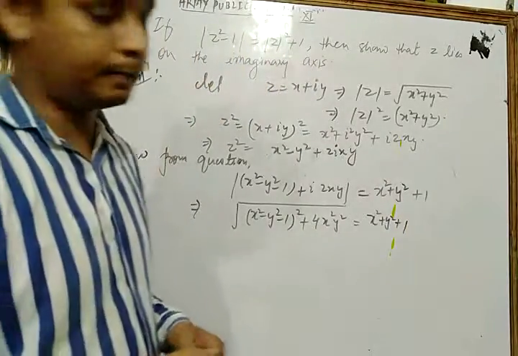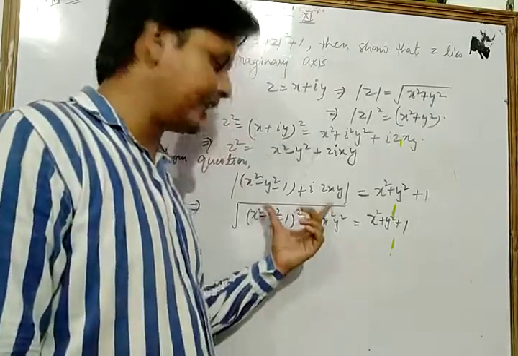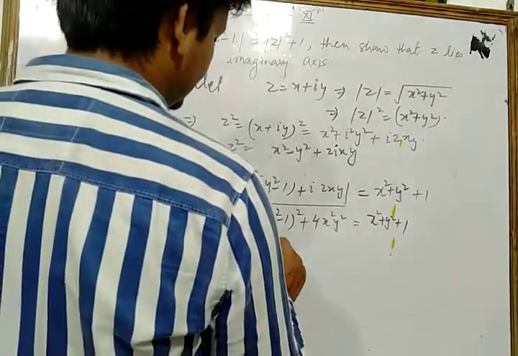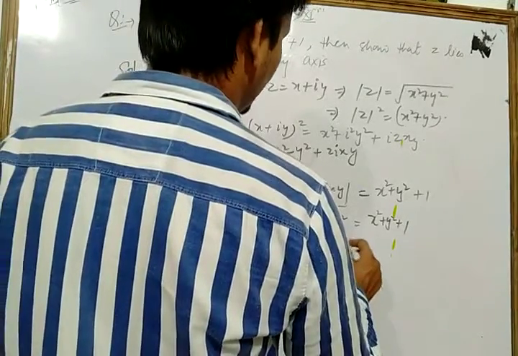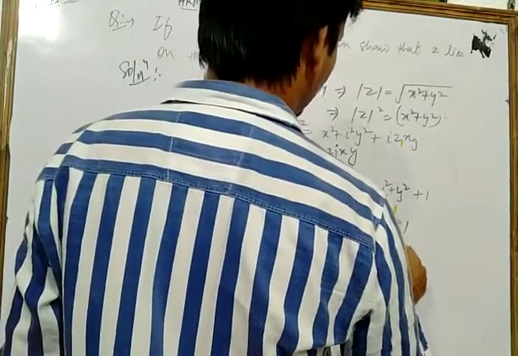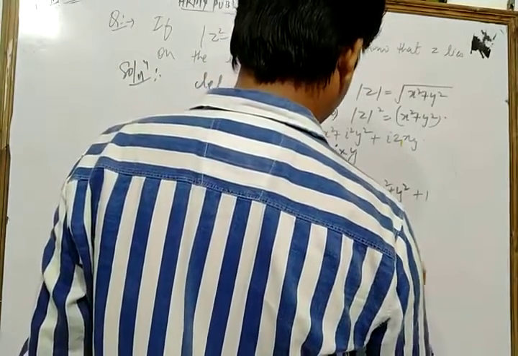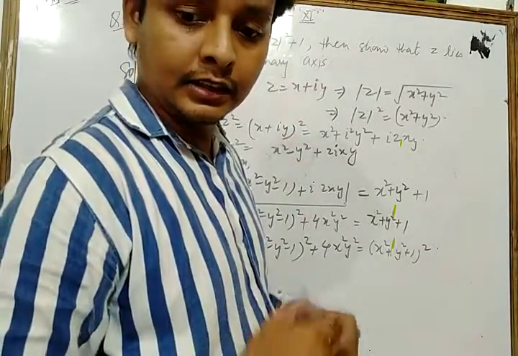Now we solve the given equation. Squaring both sides, we get x square minus y square minus 1 whole square plus 4 x square y square is equal to x square plus y square plus 1 whole square.